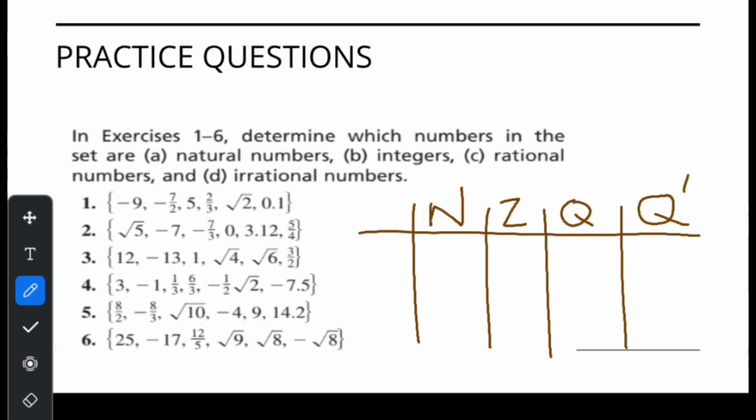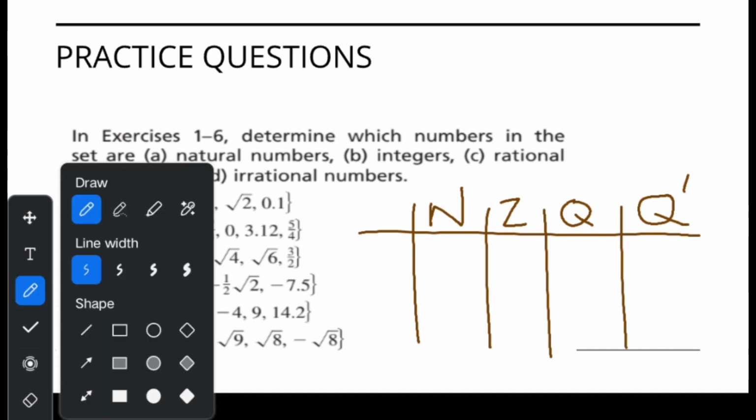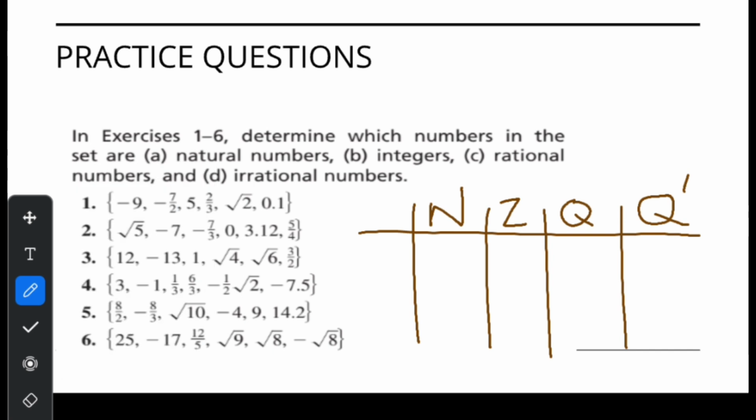The first number is -9, and since the number itself has a negative sign, all the numbers that have positive and negative signs lie in the category of integers. So let's mark this first number as an integer. I'm writing this in the column of Z.